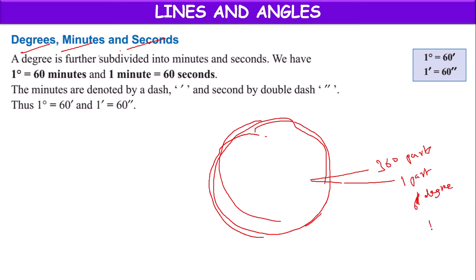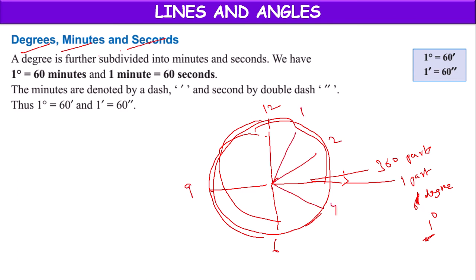The clock also has numerals like 12, 3, 6, 9, and in between them 1, 2, 4, 5, 7, 8, 10, 11. Like this, the clock has numbers around its circumference.